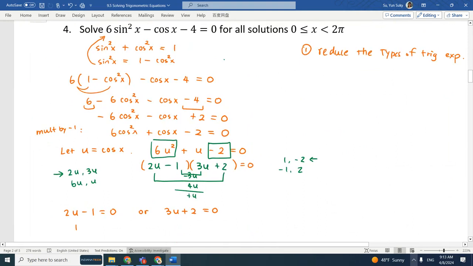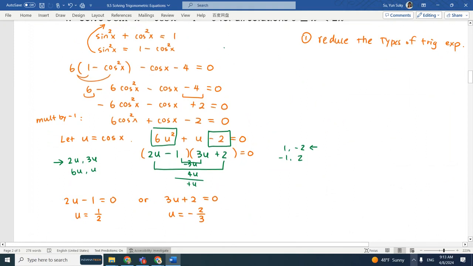Okay, what is u? Plus 1 and divided by 2, so 1/2. Right, everybody? How about this one? -2/3. Is that okay, everybody? We move the 2 to the other side, it becomes -2, and we divide by 3. Okay, good.